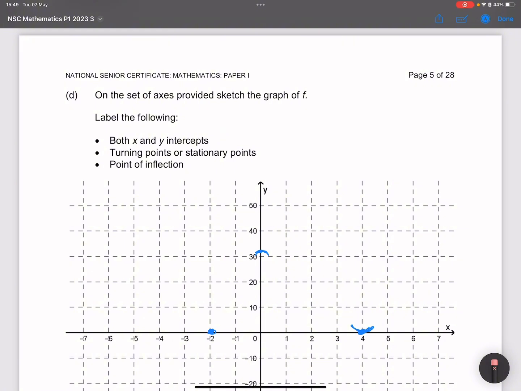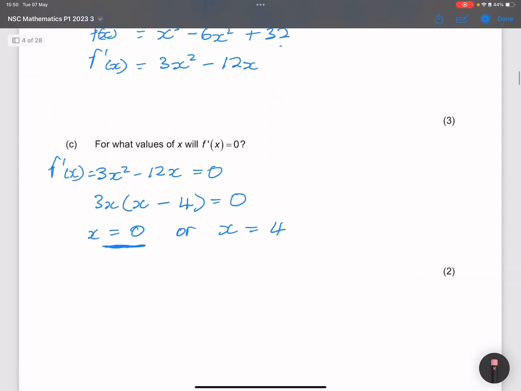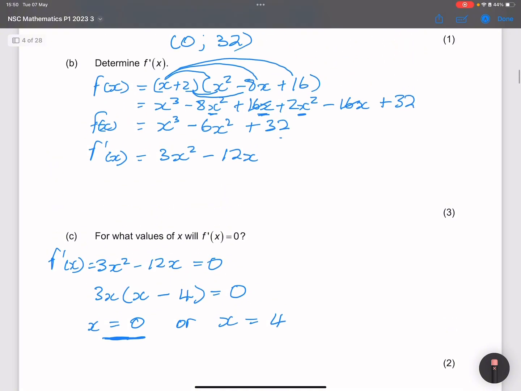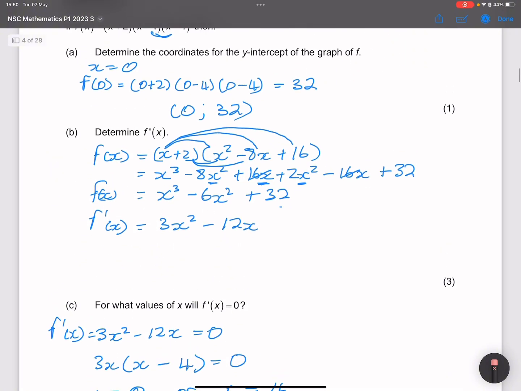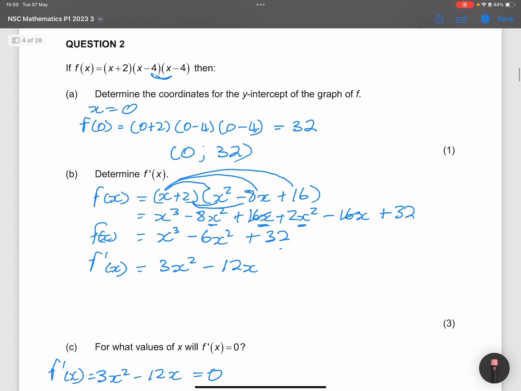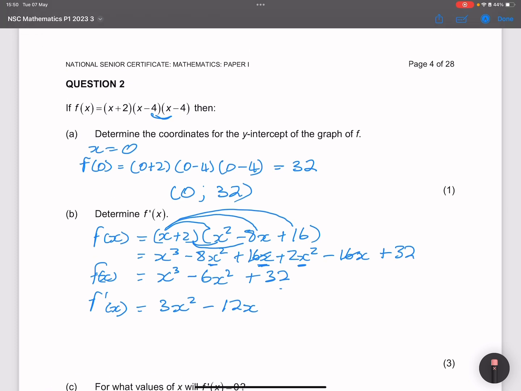So when x is equal to 2, we can go back to our diagram there and say f of x. If we substitute x is equal to 2, this will be 2 plus 2, which gives us 4, and 2 minus 4 gives us negative 2.